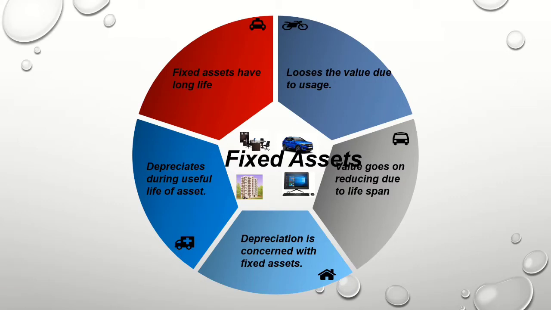Their value goes on reducing due to their lifespan. Depreciation is concerned with fixed assets during the useful life of the asset. Here, the useful life refers to the period in which the assets help in generating revenue. Few examples of fixed assets are building, machinery, furniture, computers, vehicles, etc.